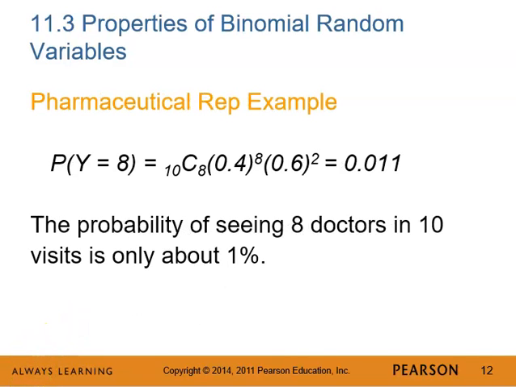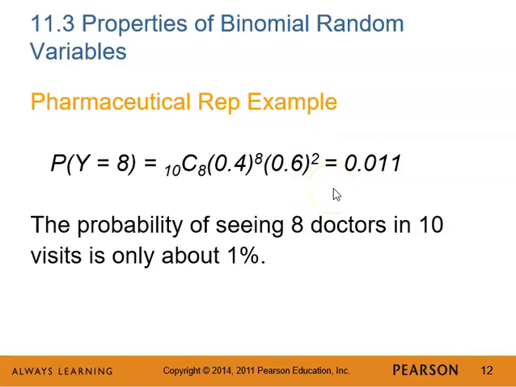So the example that we have in the book is asking: what is the probability of seeing 8 doctors in 10 visits by the rep? So the number of trials n is 10. The number of successes that we are calculating the probability for is 8. And 10 minus 8 is 2. So probability of success to the power 8, probability of failure to the power 2.